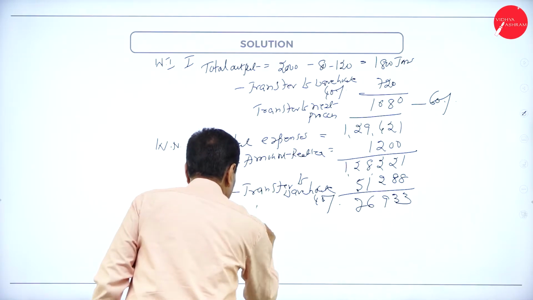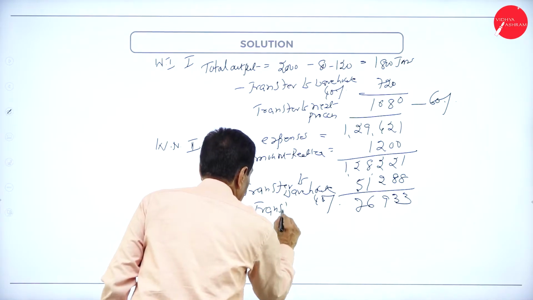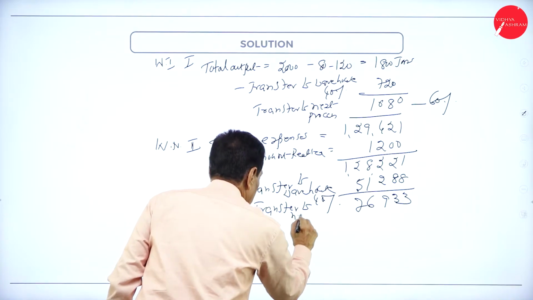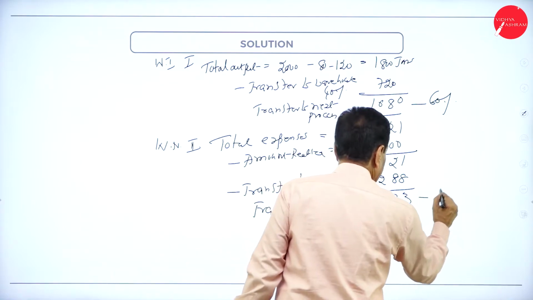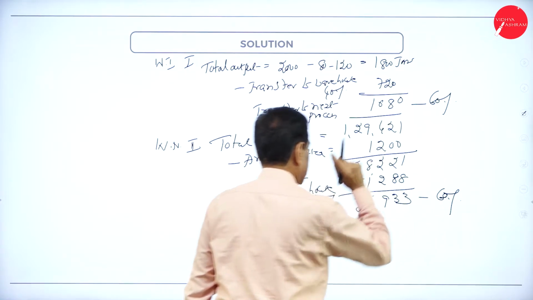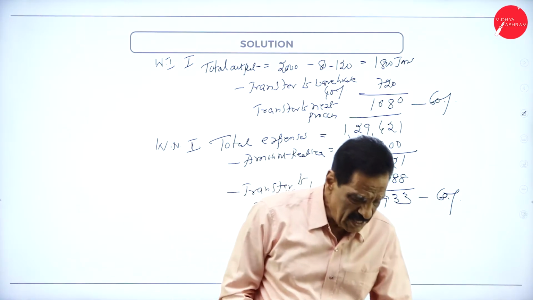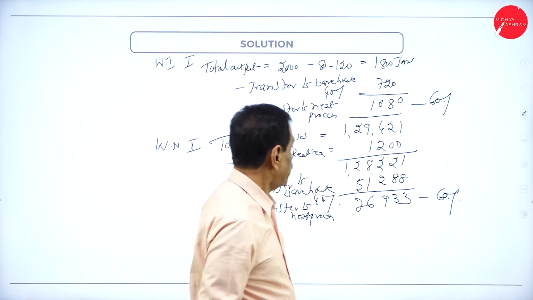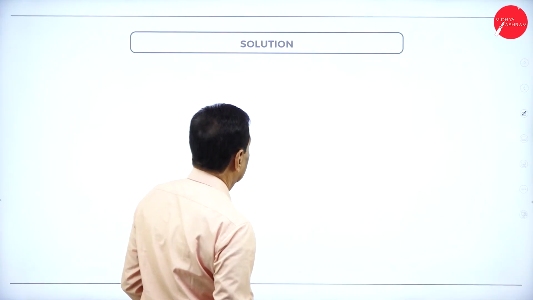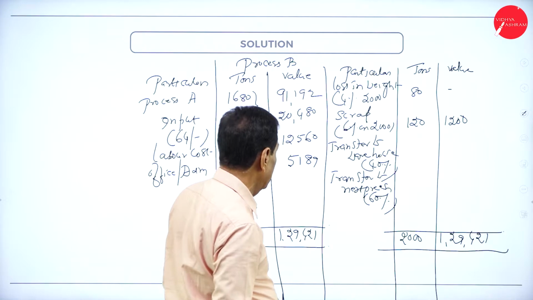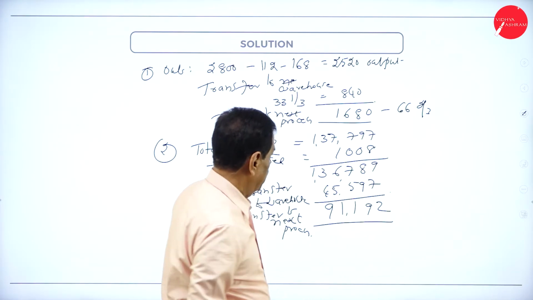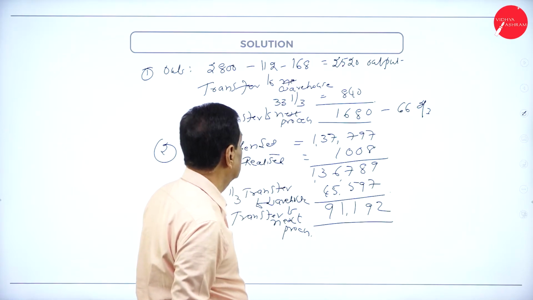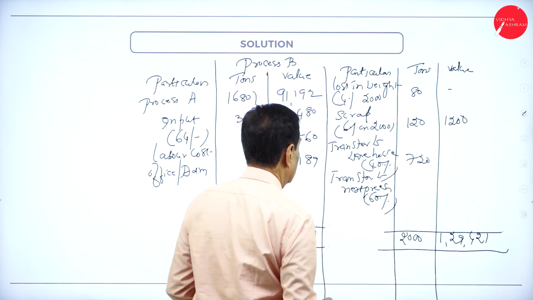This is transferred to next process, equal to 60%. 76,933 will go. 40% is 720, so 60% is 1,680.